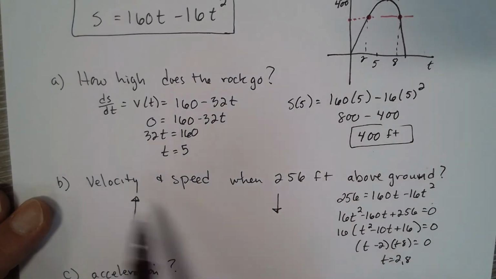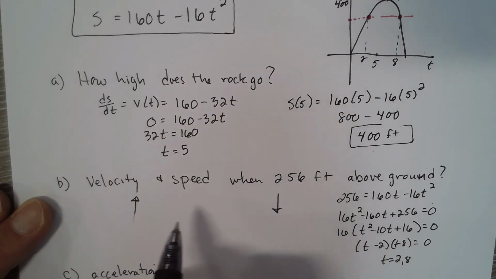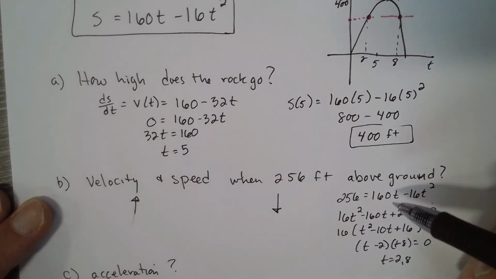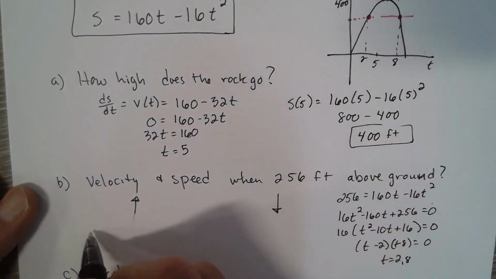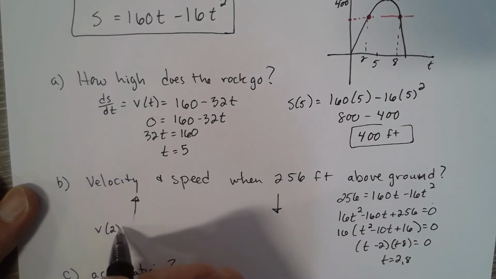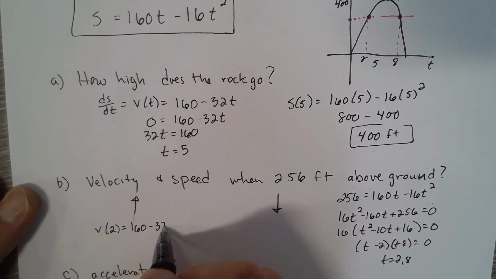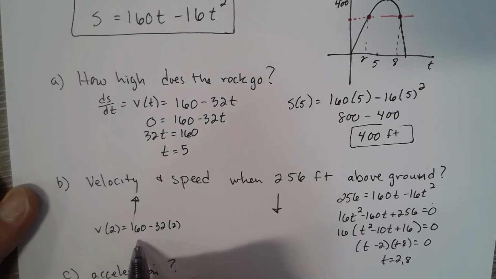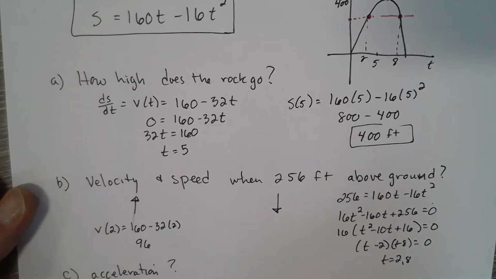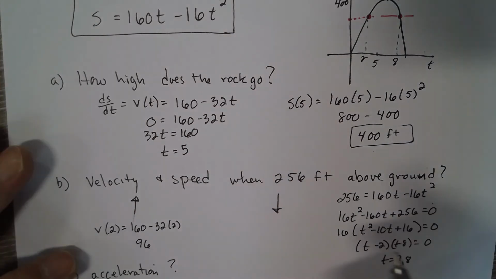We want to know the velocity at that point. So on the way up, we can plug in 2. The velocity at 2 is 160 minus 32 times 2, so 64, so 96. So on the way up, we have a velocity of 96 feet per second.